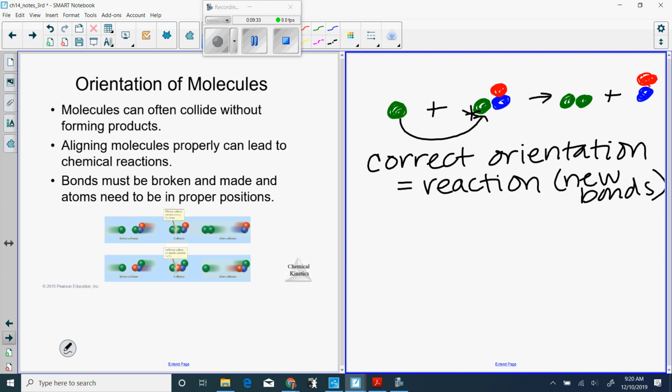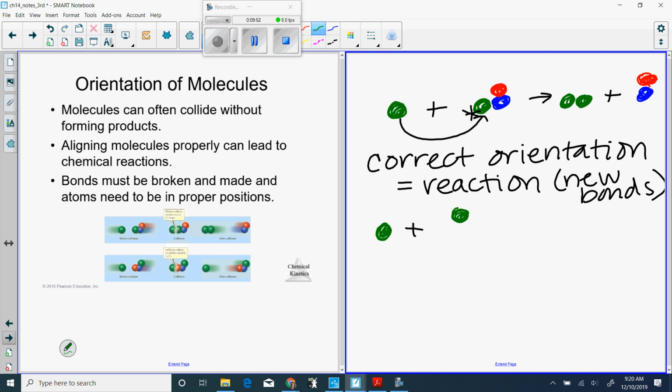That's a reaction. But if I have my green, that's not cool. If I have my green and it's hanging out colliding with my green, but I'm going to draw it upside down.